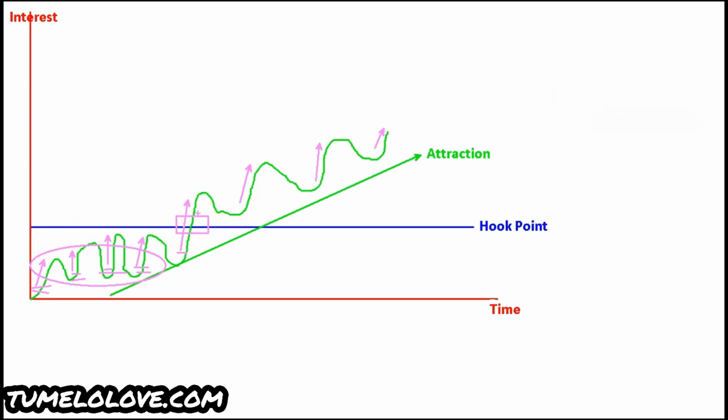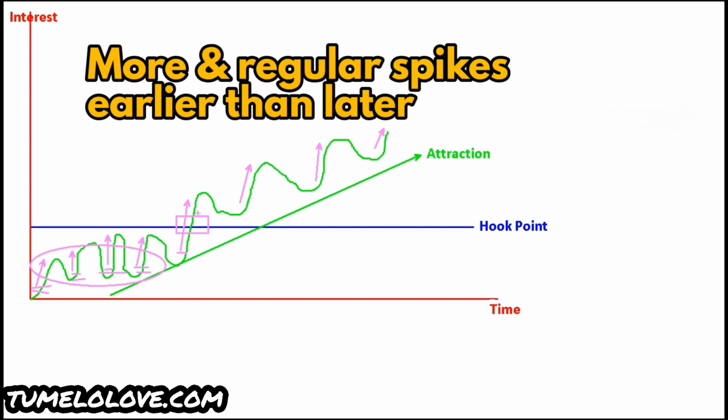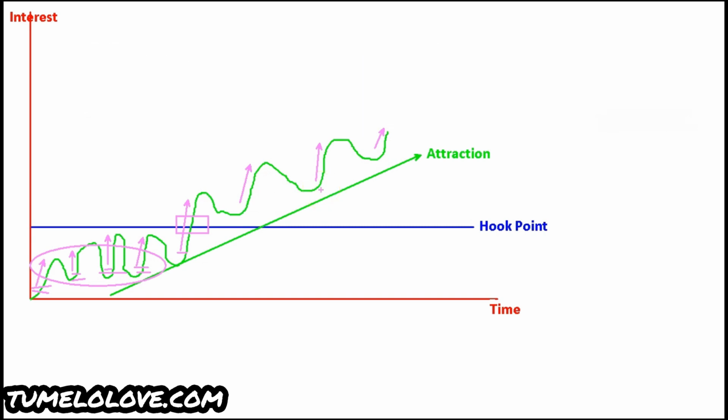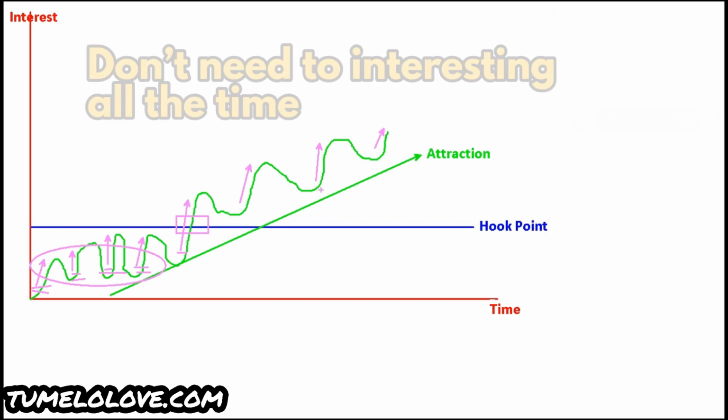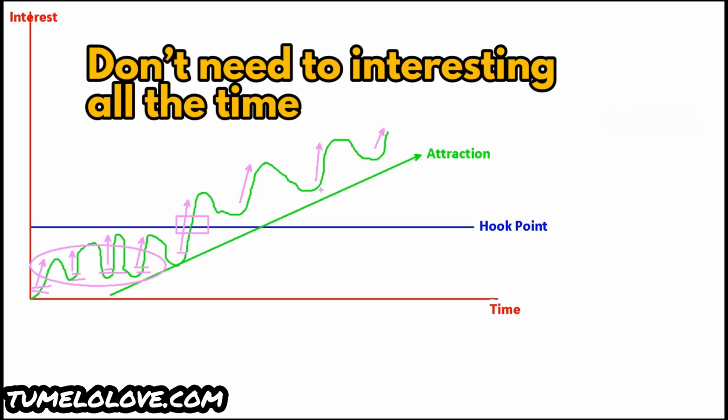Earlier on, you'll need more and more regular spikes of interest, until you get past the hook point. And then you'll start to need fewer spikes of interest. This is important to understand, because it means you don't need to be interesting 100% of the time.